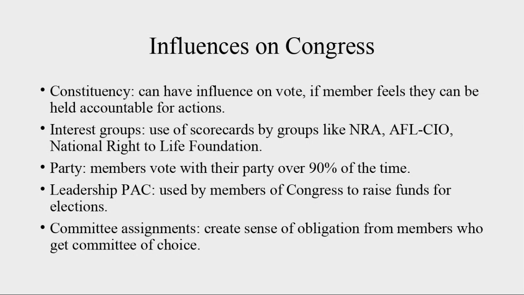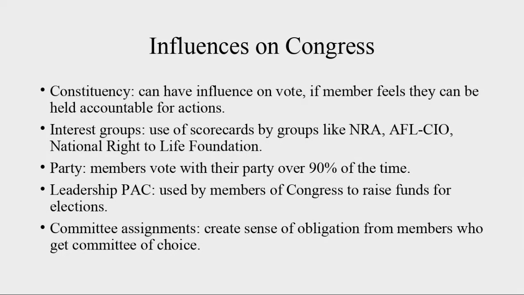There's also interest groups. The NRA uses a scorecard with a letter grade of A to F. A being someone who's seen as very pro-Second Amendment, F someone seen as hostile to gun rights. And sometimes members of Congress will play up that scorecard.